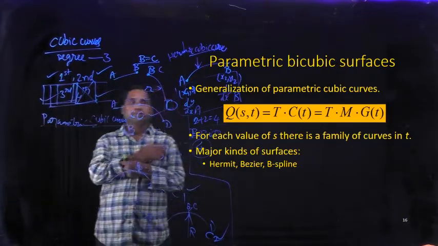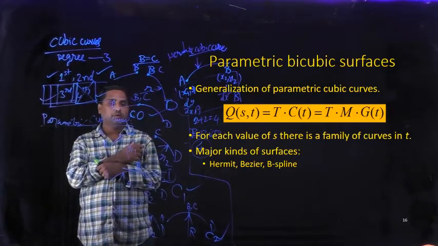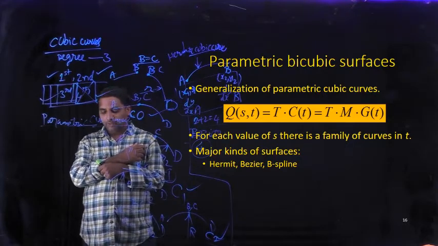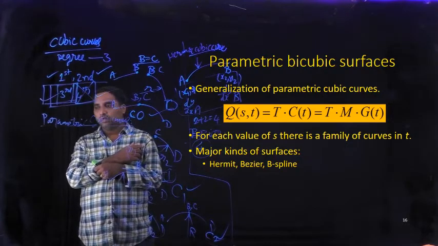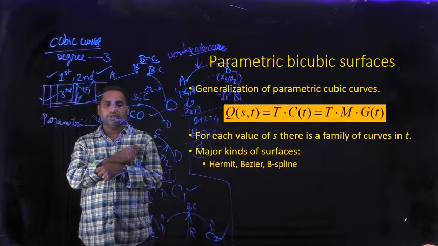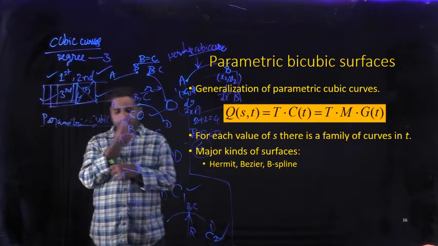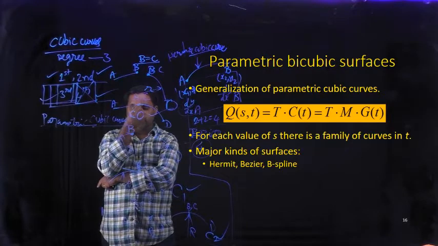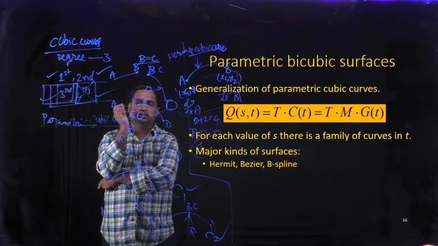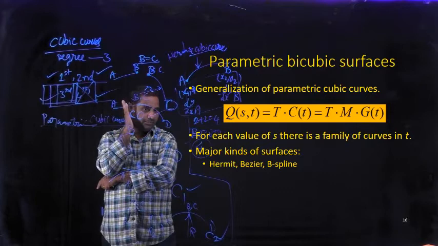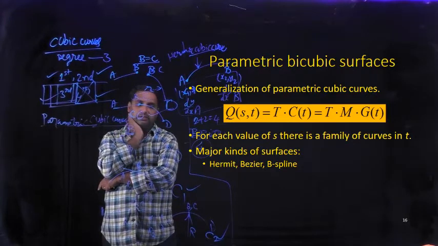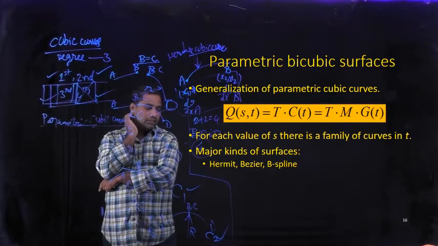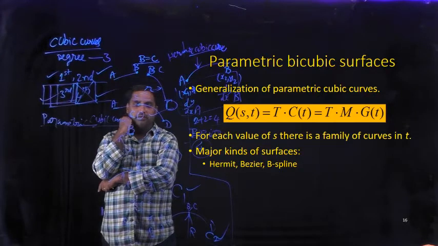Parametric bicubic surface. So far, I told you only how the parametric cubic curve is represented, and the different types of parametric cubic curves. One is the Hermite curve, the second one is the Bezier curve, the third one is B-spline curves. Next, bicubic surfaces. When the surfaces concept comes, I will tell that one.